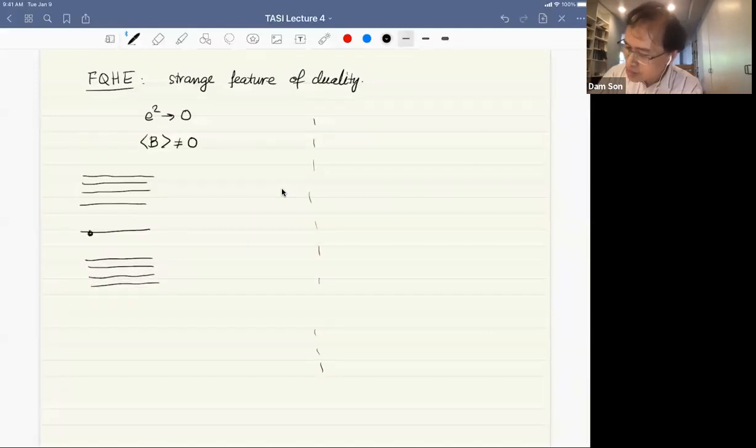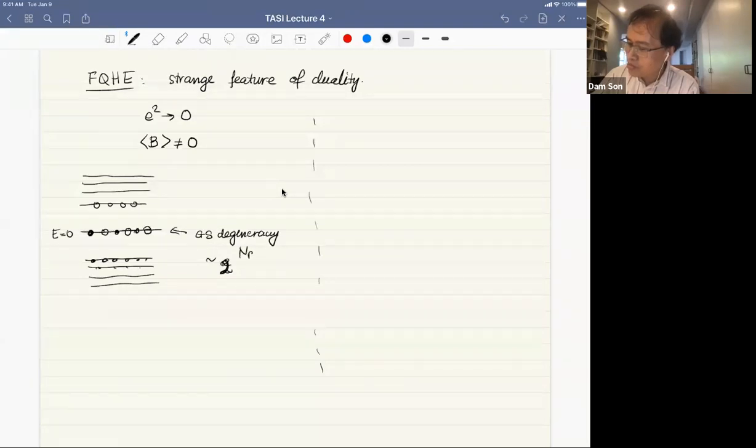That is, if the limit e goes to 0, we are supposed to pick the ground state by filling up some of these states with energy equal to 0. We know that all the Dirac sea has to be filled. All these states are empty, but there is a ground state degeneracy, basically 2 to the power of the number of magnetic flux quanta going through the system.